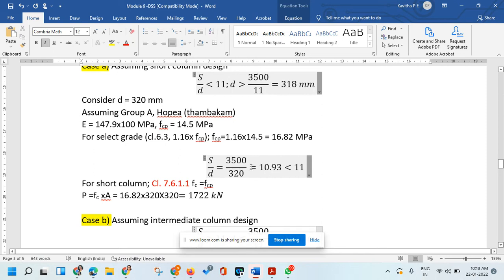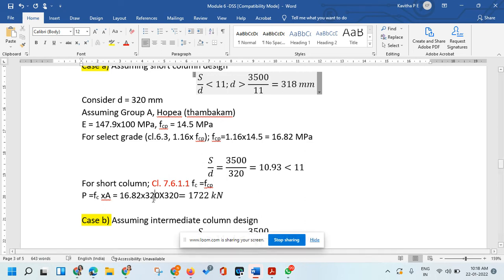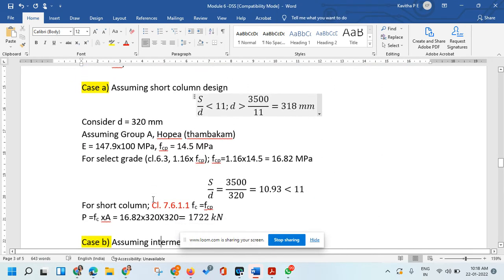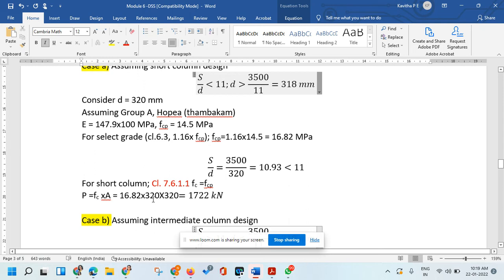Then I have calculated the FC value as 16.82, and I have calculated the load carrying capacity as 1722. Actually, I needed to carry 500 kilonewton, but since I have chosen Tambadam, it is having 1722 for the required cross section. Load carrying capacity is much greater than expected.